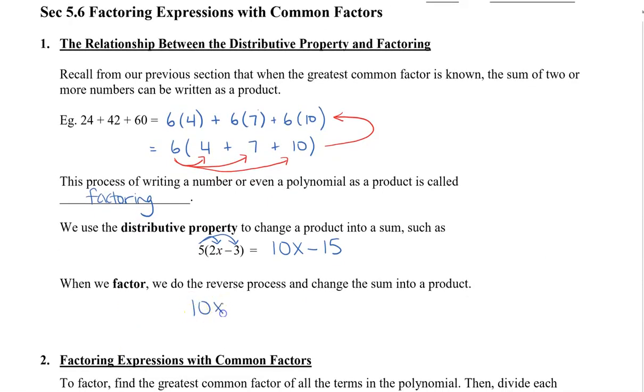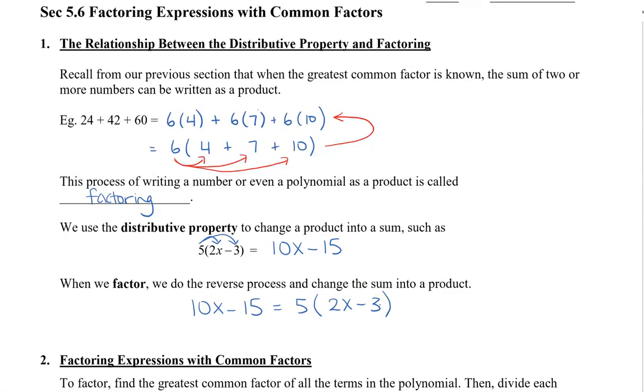So let's take our 10x minus 15, and we know that 5 is the greatest common factor of 10x and 15. So we're going to rewrite this with a 5 in the front, and we're going to go 10x divided by 5, which is 2x, and then negative 15 divided by 5 is negative 3.